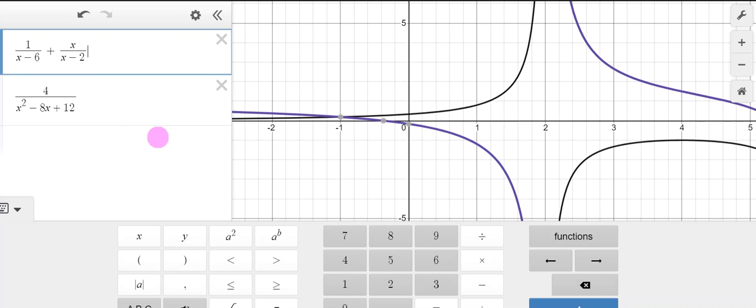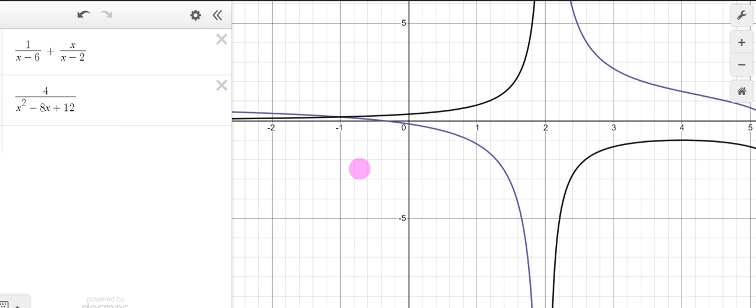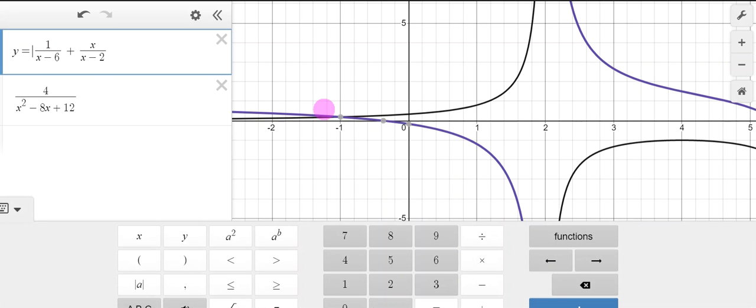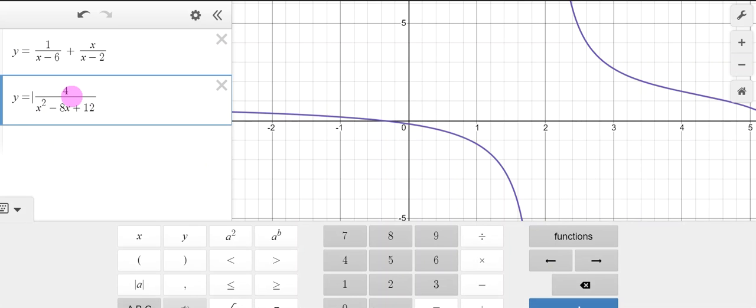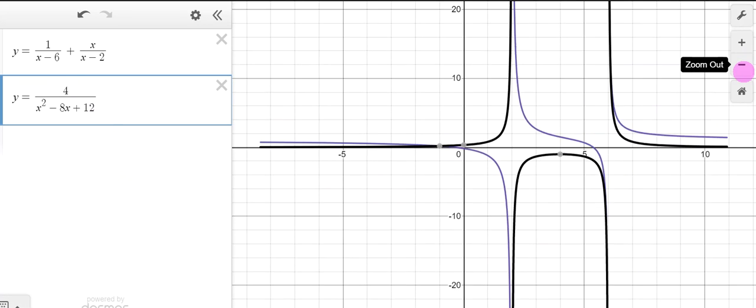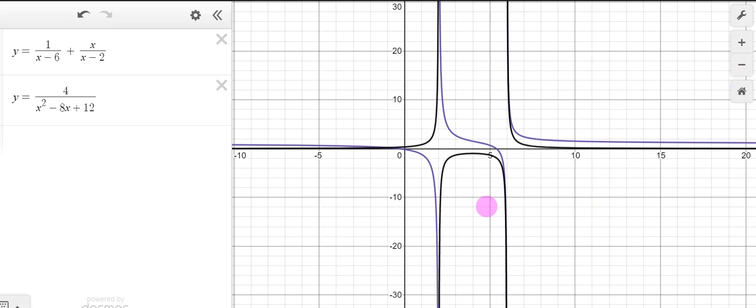Sorry. So what I'm looking for, look, is where the blue side equals, if I make that y equals, it doesn't change anything. Where does the blue side equal the black one? And you can see that we've got one there, which is at -1, right?